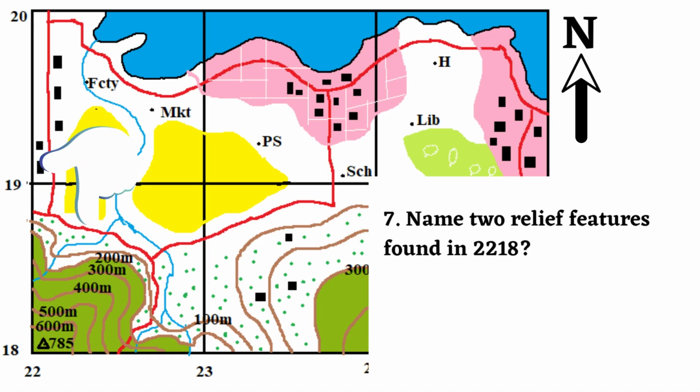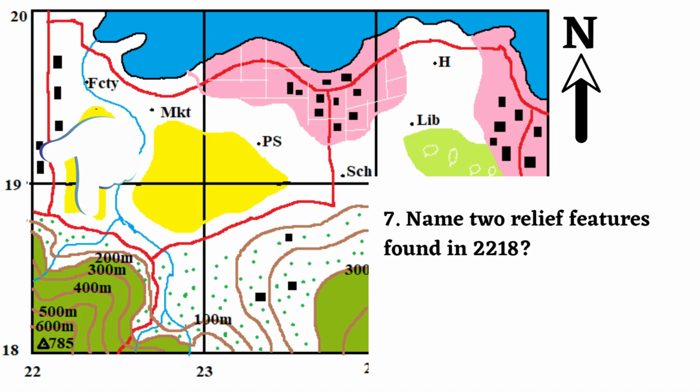Notice that our contour lines are bent in V shapes or even U shapes in some cases, where the V is pointing to higher ground or higher contour values, and that river is flowing through. That is a valley. So that is one relief feature.